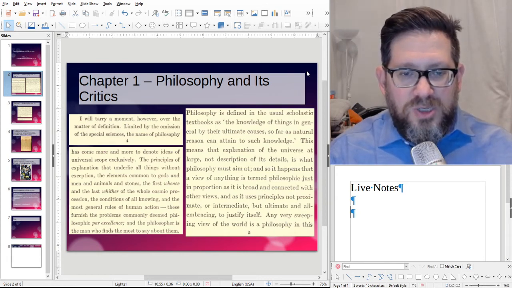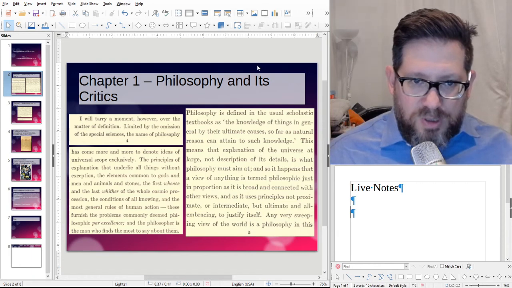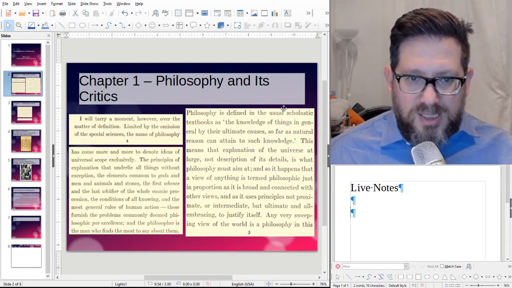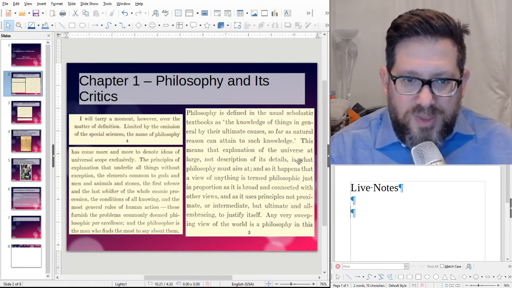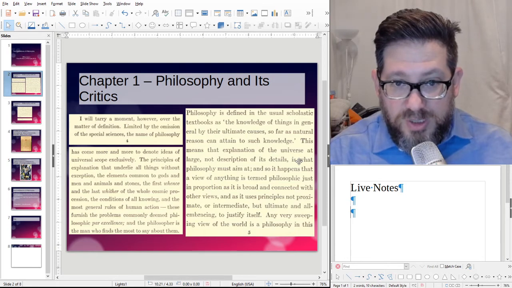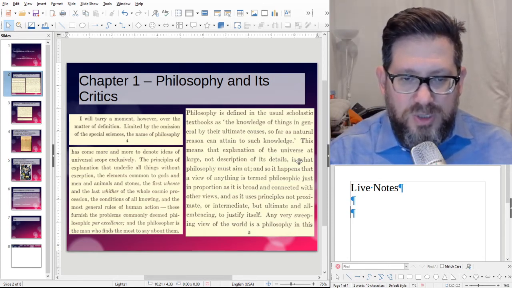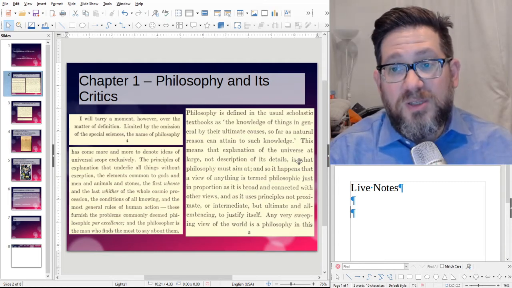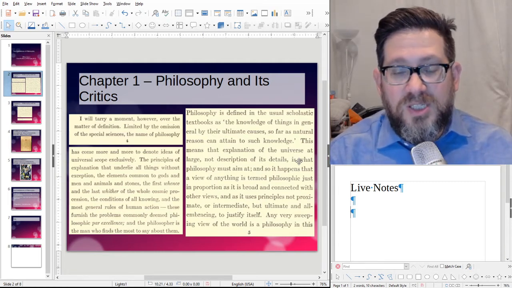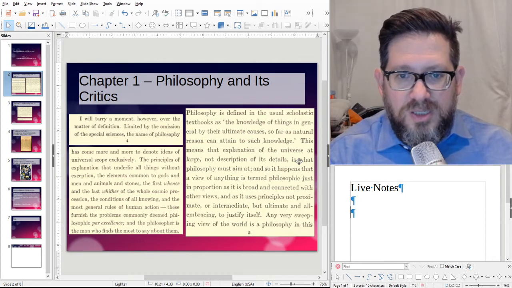And what is the traditional definition? Well, he says it comes from the scholastic textbooks. And he gives us this quote right here. The knowledge of things in general by their ultimate causes, so far as natural reason can attain to such knowledge. And we talked about this. This is a definition that says philosophy is knowledge.